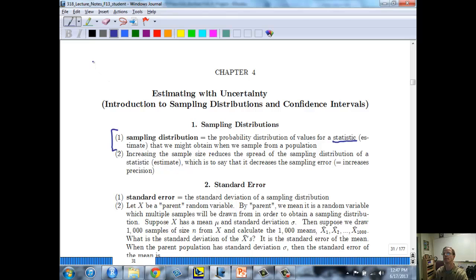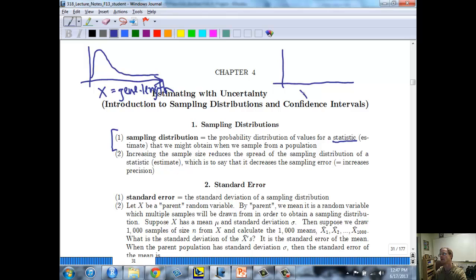To boil it down really simply, if we have X, where X equals gene length, then we have a skew right distribution, something like this, depending on how extreme. But if I take the mean of a sample of size 500, and let's just put that on the side so we note it, 500, then X bar looks like this.